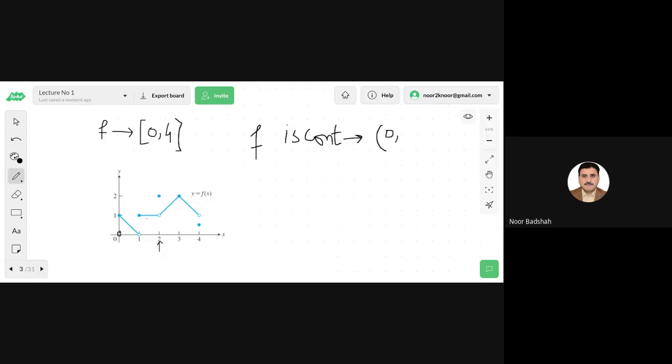I'm not considering 0 at the moment. It is continuous in the interval 1 to 2. Again, it's an open interval. It is continuous in the interval 2 to 3. It is continuous in the interval 3 to 4.